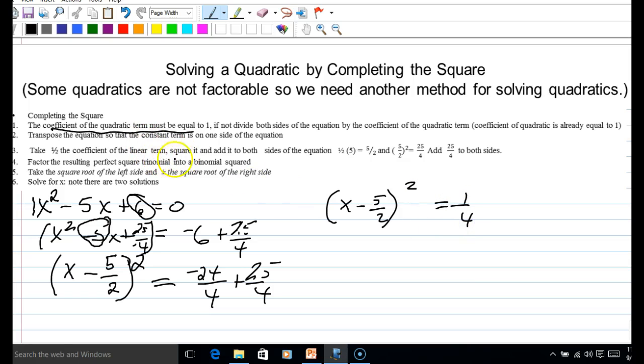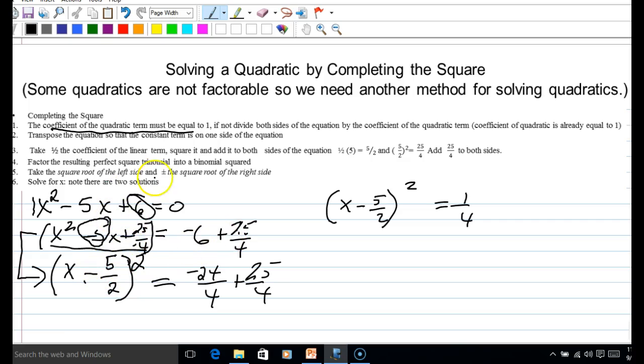So you take 1/2 the coefficient of the linear term squared, add it to both sides, which gives you this. And the reason that I'm completing the square is that it creates a perfect square trinomial. And a perfect square trinomial always factors into a binomial square, which is found by taking the square root of the quadratic term, the square root of the constant term, and using the sign of the linear term.